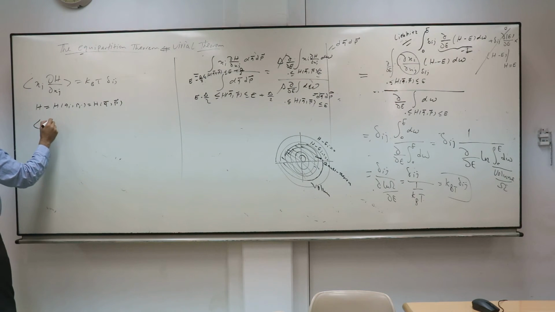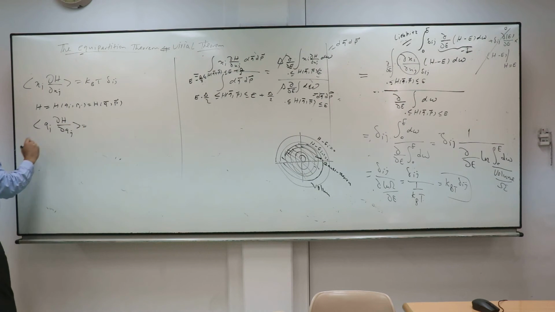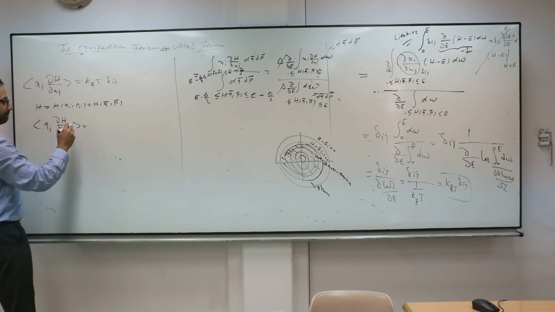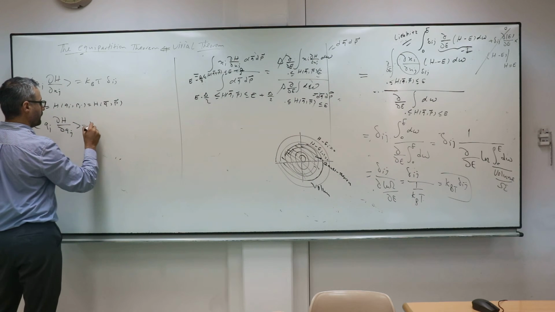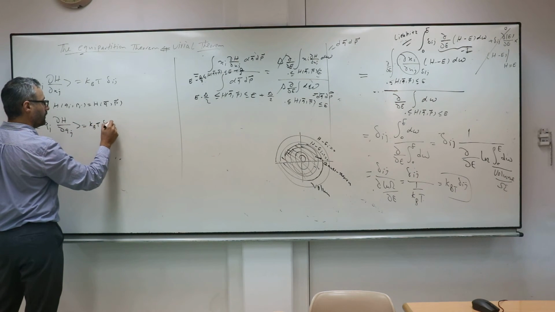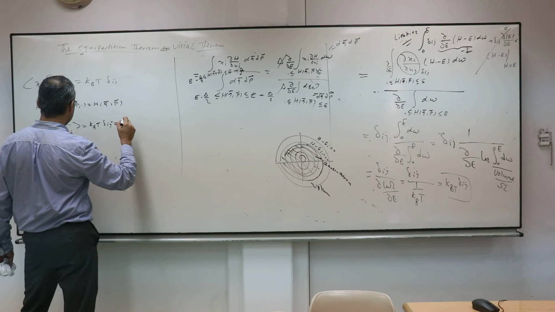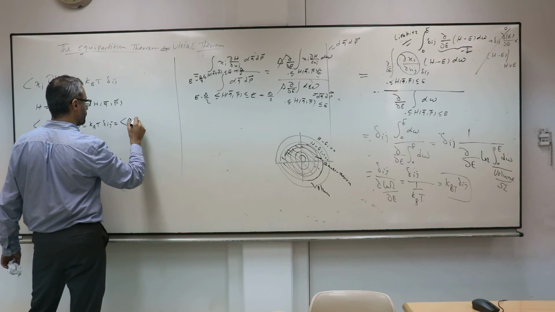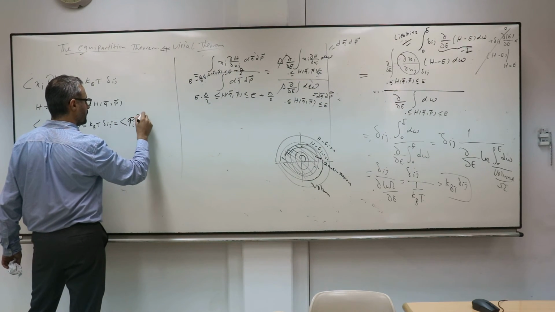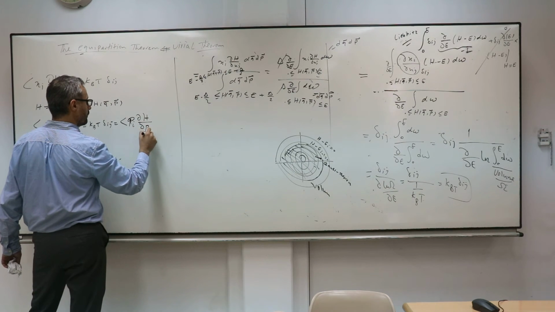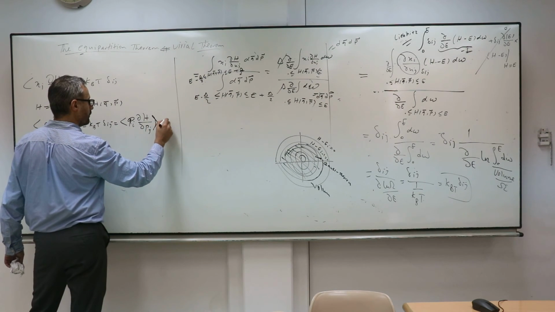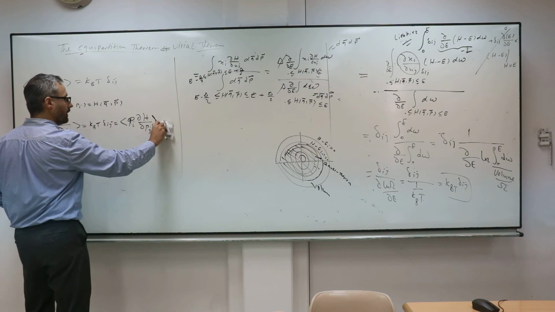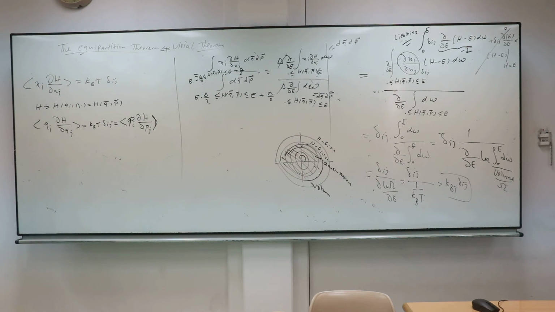For example, qi partial H over partial qj, when both are the same. Also when they are the same, p. As long as both of them are q or p, you can write it even with 1 here.